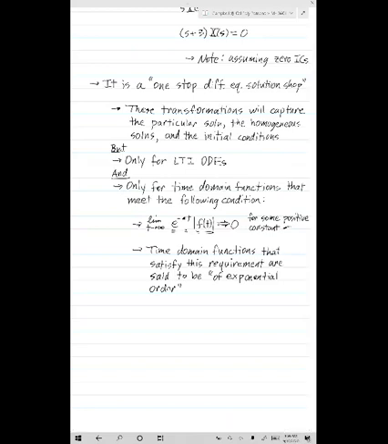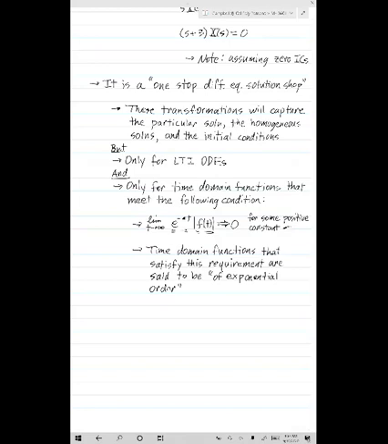I'll say it goes to zero in a faster way than f of t is possibly growing to infinity. And so this exponential function will overwhelm the time domain function and will essentially drive it to zero. That's what we're saying when we're dealing with a function of exponential order.